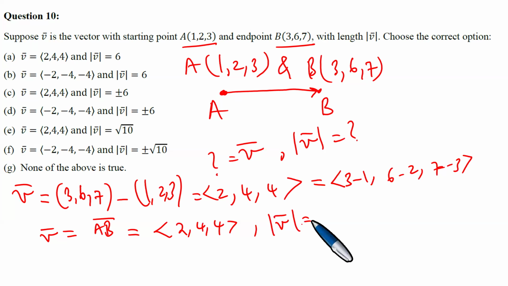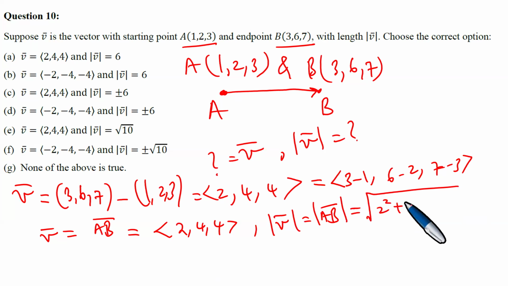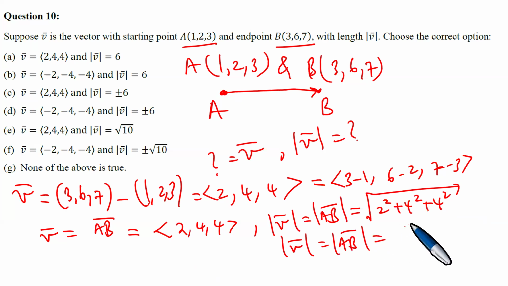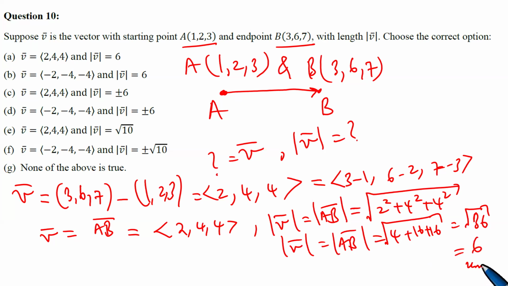The length of this vector is the length of the vector from A to B. This is 2 squared, 4 squared, 4 squared, so the length of AB is the square root of 4 plus 16 plus 16. 16 plus 16 is 32, plus 4 is 36, and the square root of 36 is exactly 6 units.